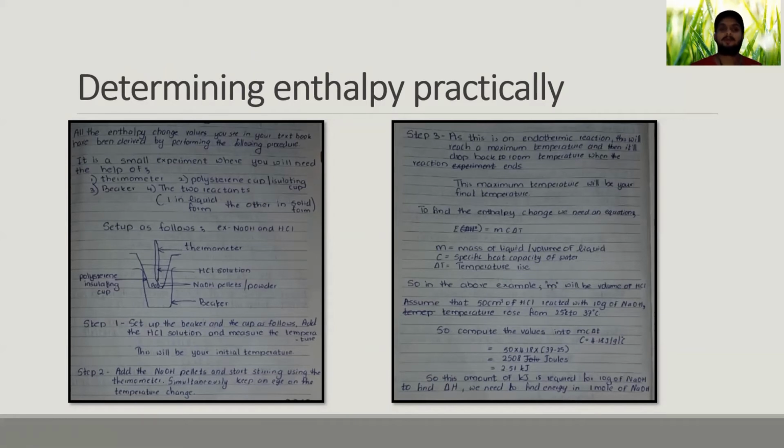There are basically two ways of getting this. One way is the practical way, which I will discuss in a few moments, and the other is the theoretical way, where you would be given some values and then you perform a small arithmetic calculation and arrive at the answer.